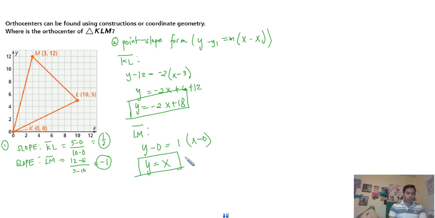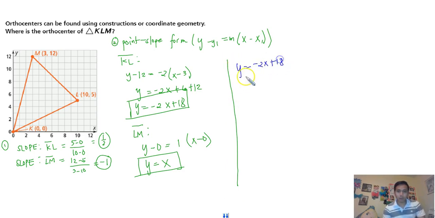Okay, step 3 is we have to solve the system of equations to determine the coordinates of the intersection. So we have the equation y is equal to negative 2x plus 18, and the other equation is y is equal to x.